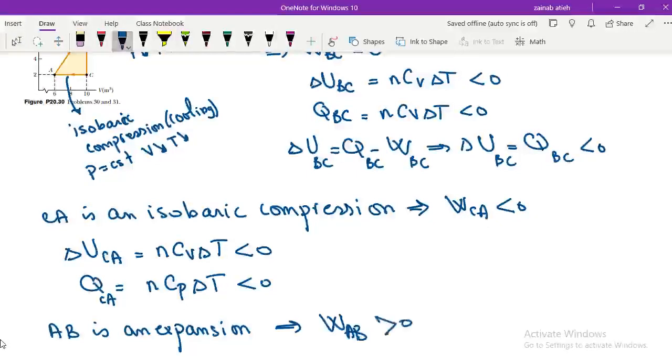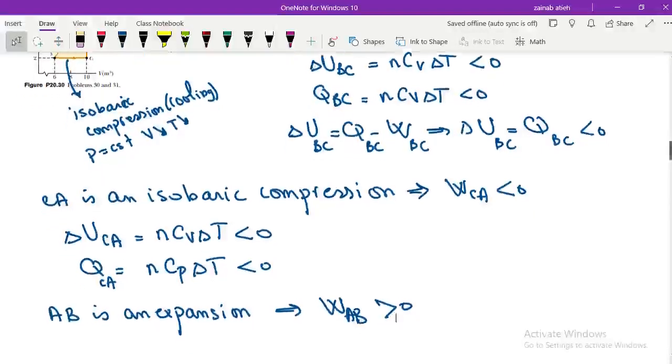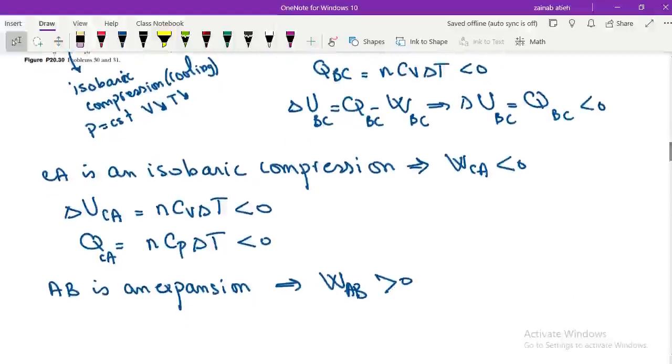Now for Q_AB and delta U_AB, I have nothing in the shape of a formula, because it's not a known process, so I will use the method of a cycle. I will try to use the cycle because it's easier.